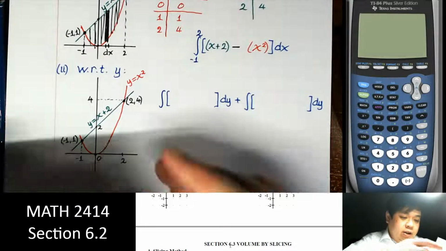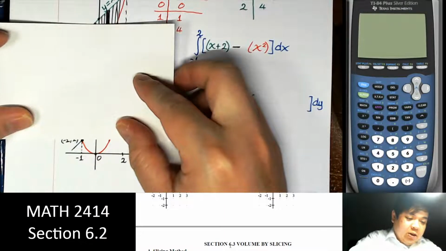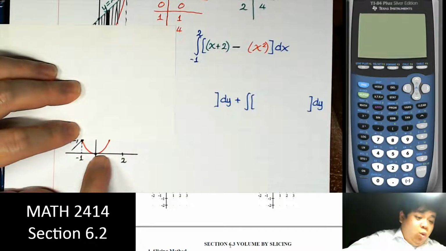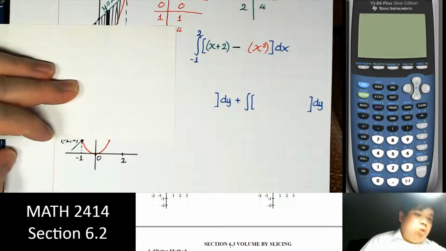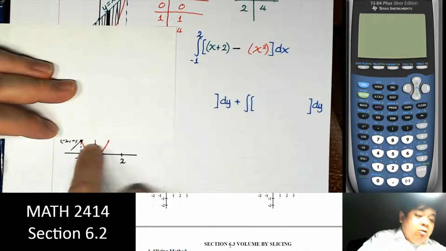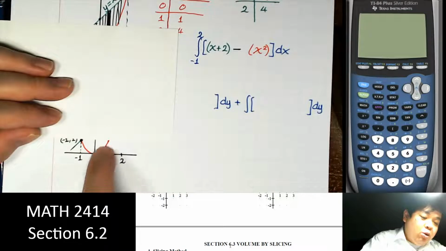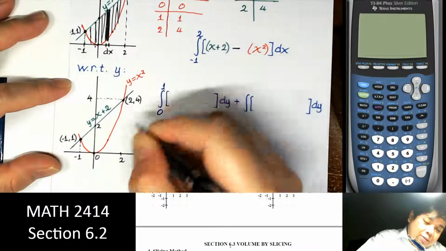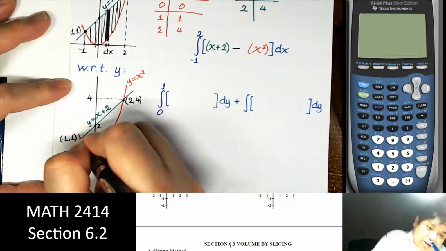Now, if we look at that, on the left bounded by y equal to x squared, on the right also y equal to x squared. So how do we do that? But for the first region, it is from 0 to 1 for the y. From 0 to 1, so we're talking about this one.